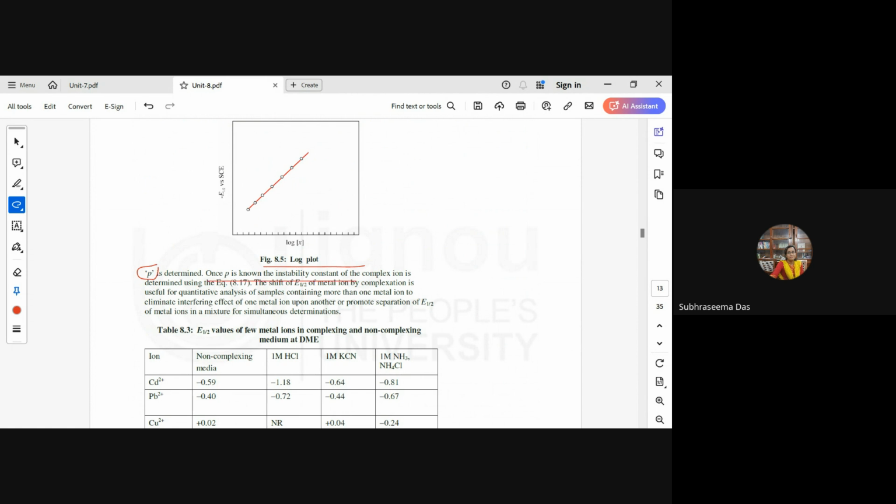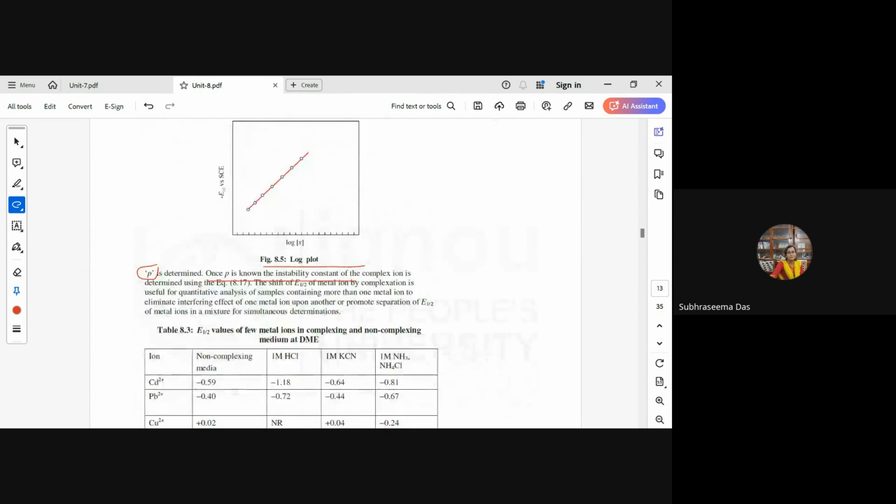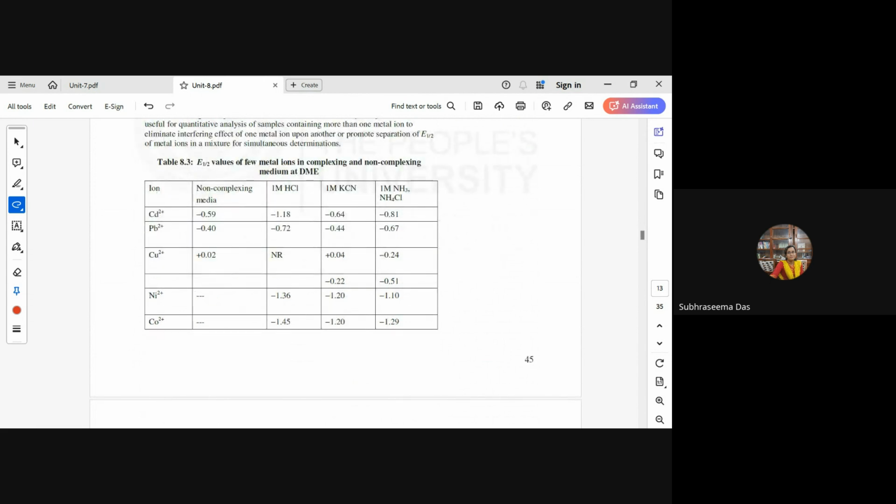Once we know the value of P, then E half can be determined using equation 8.16. Table 8.13 shows a few metal ions in complexing and non-complexing medium at DME.